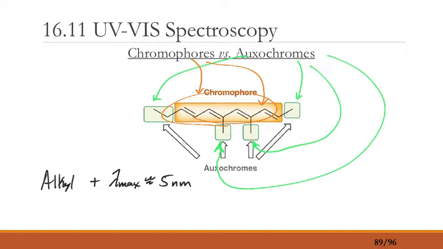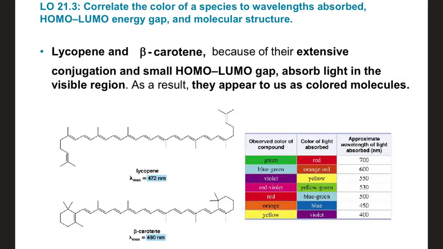Either way, when you look at molecules like lycopene and beta-carotene, they have the same number of conjugated double bonds, but the end caps, I'll call them, are different. So lycopene and beta-carotene, although they have the same amount of conjugation, one's orange and one's red because the auxochromes are different. And again, you can see that here, the lycopene and the beta-carotene are nearly the same in this region to here, but we have the end caps being different.